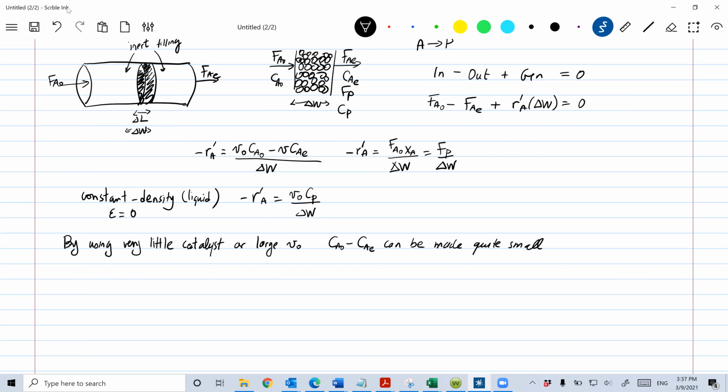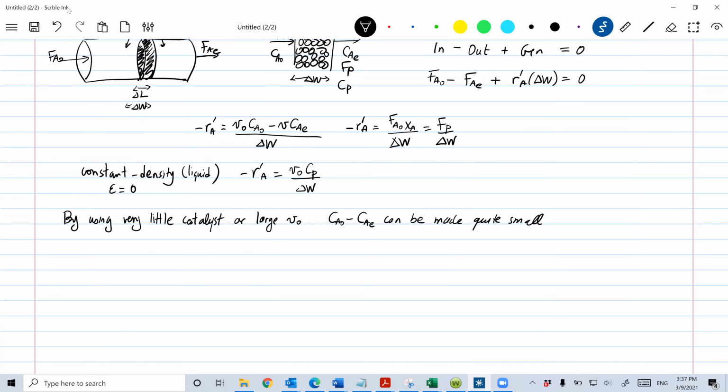Then one thing you can modify. What we aim to show is the following: that the minus RA prime here is actually minus RA prime evaluated at CA0.